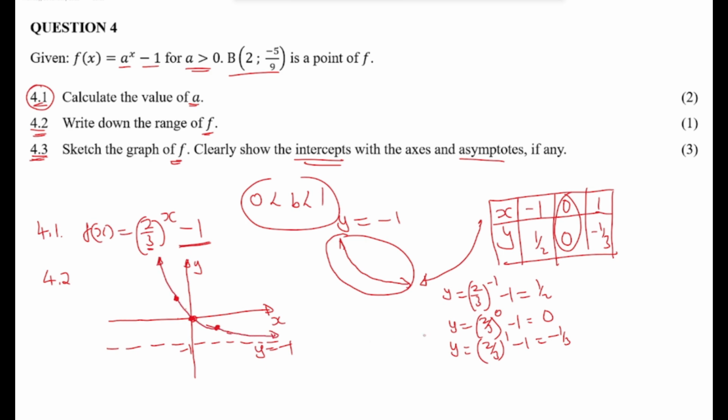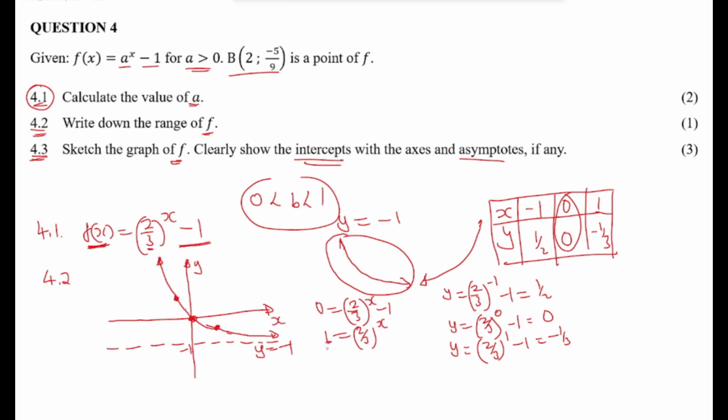The other thing we could have done is to find the x-intercept, right? To find the x-intercept, where there's y, you put 0. So it's going to be 0 is equal to 2 over 3 to the power x minus 1. Then add 1 on both sides of the equation. 1 is equal to 2 over 3 to the power x.